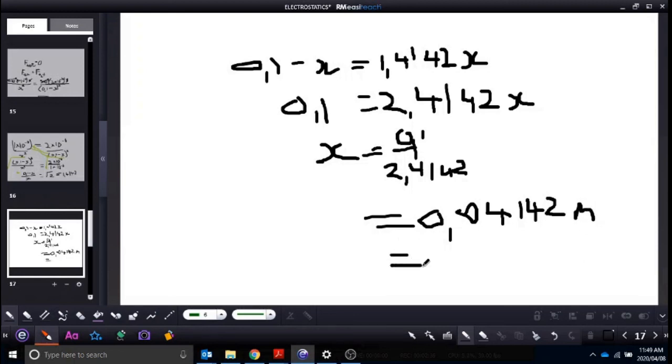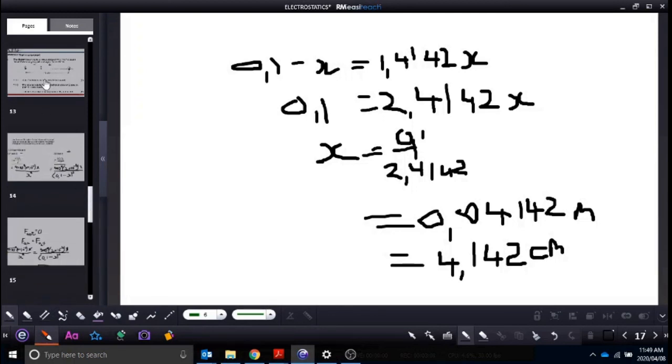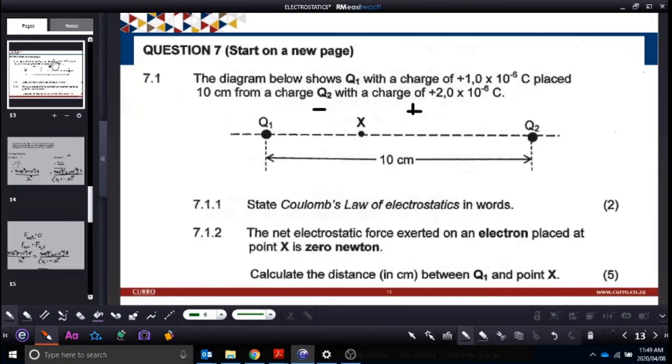So in centimeters it will be 4,142 centimeters. Okay, so there is then question number 7.1.2.